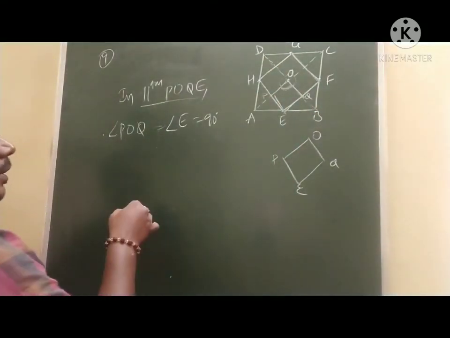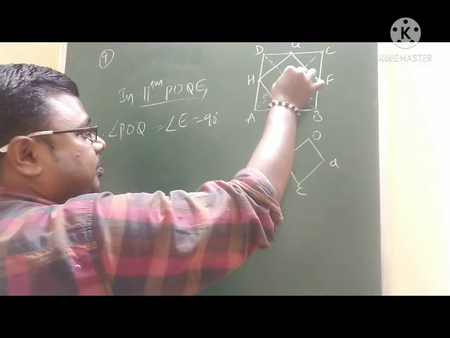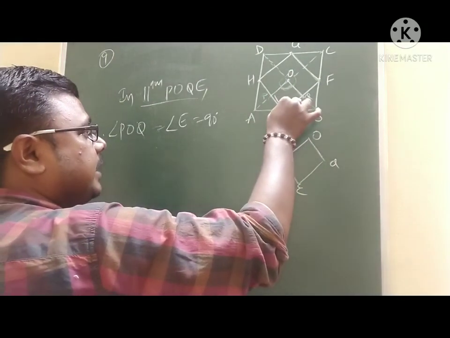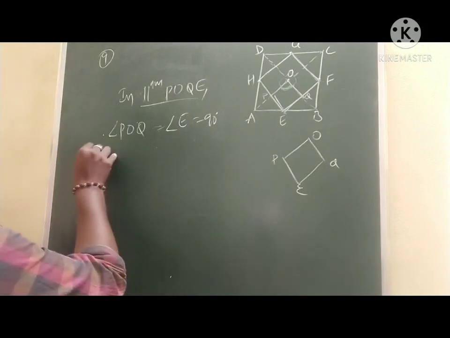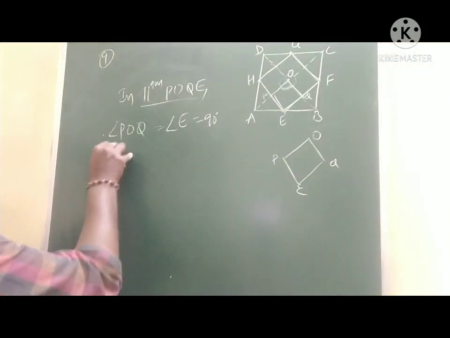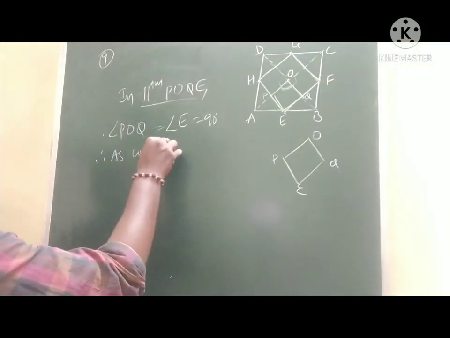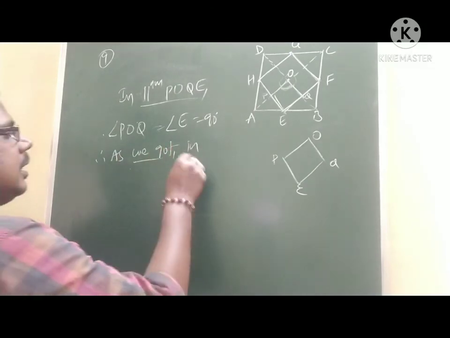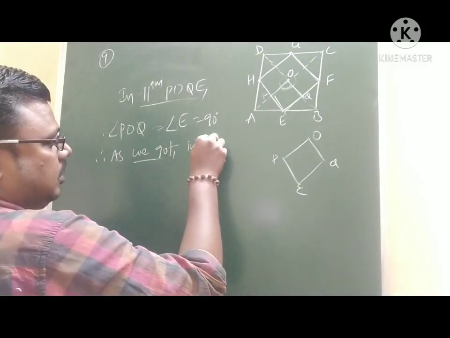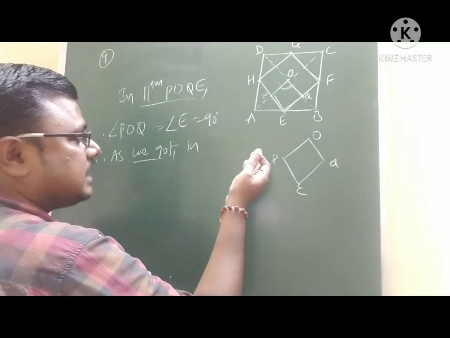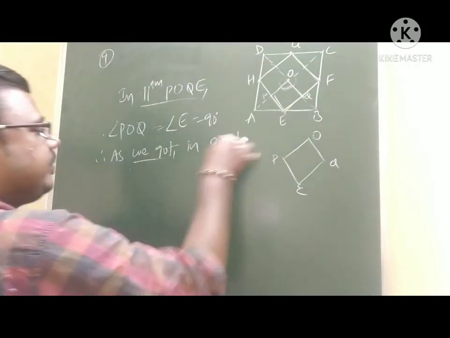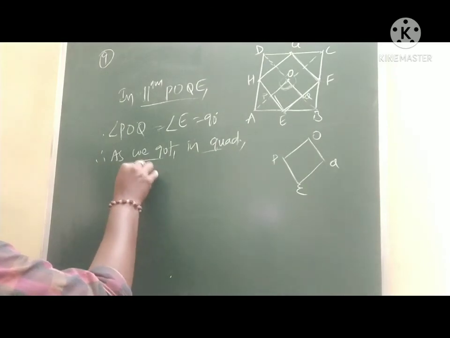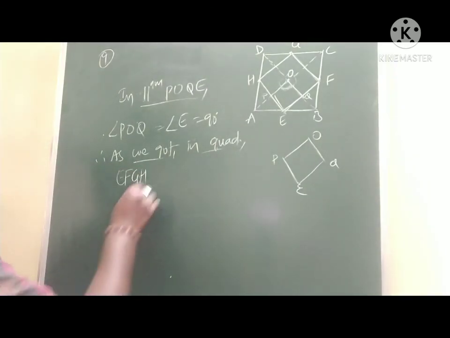As angle E is a part of POQE, and at the same time angle E is a part of EFGH, in quadrilateral EFGH, what we got?